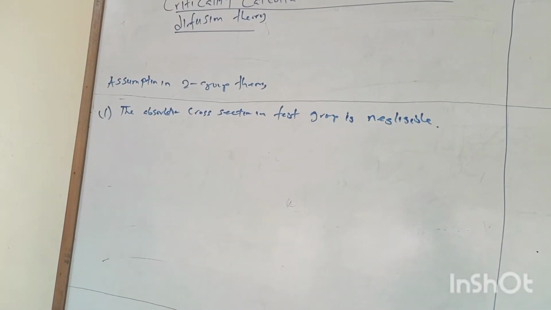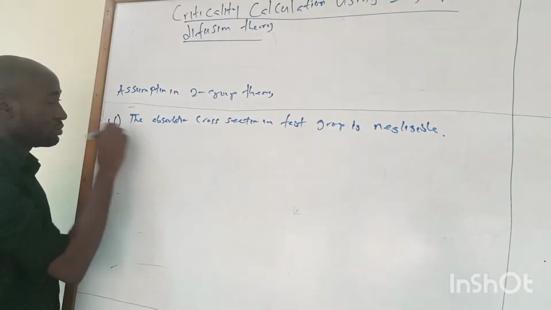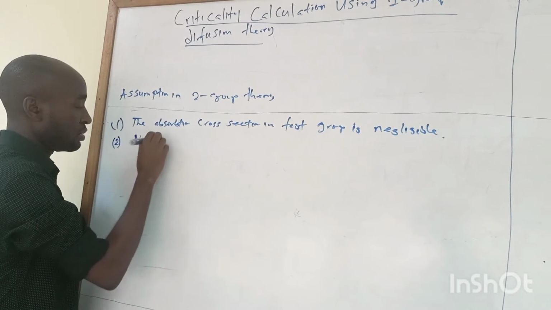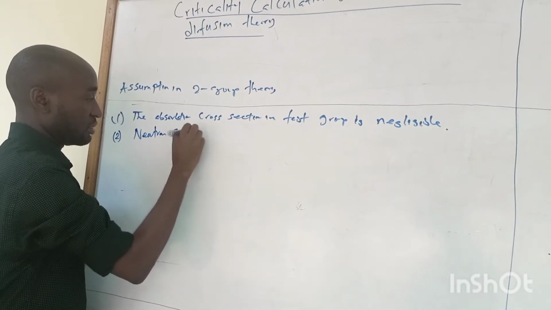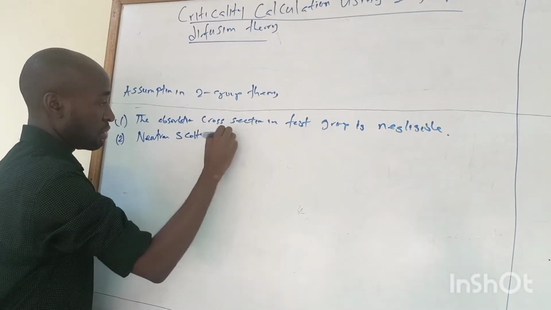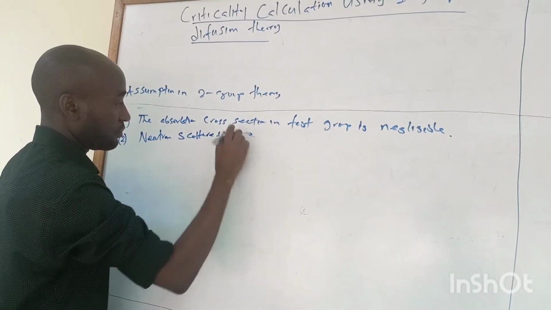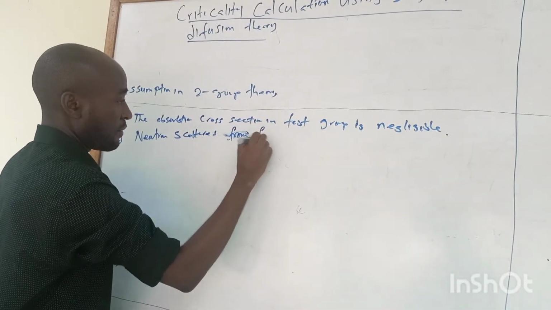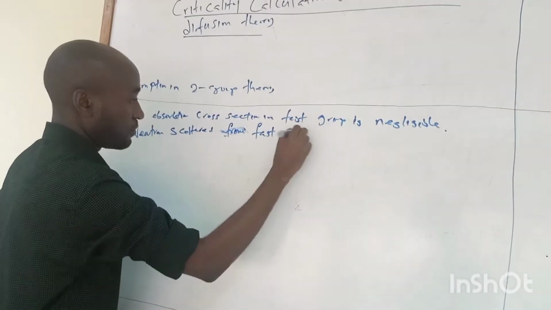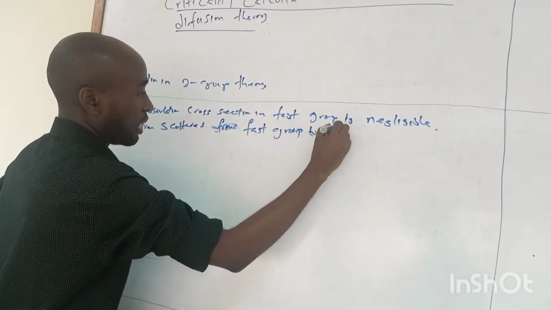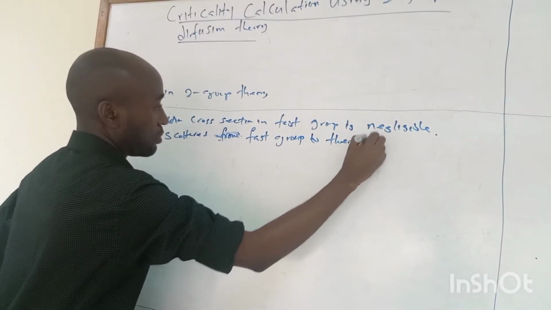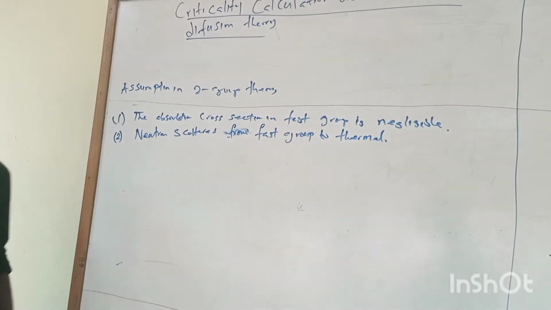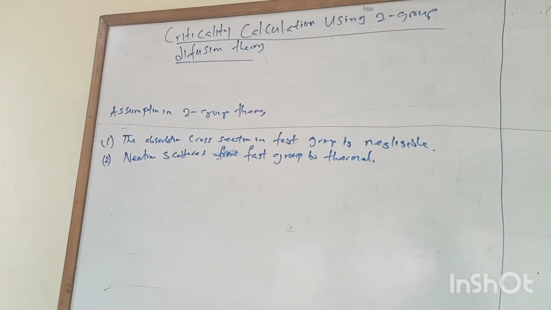That's the first assumption. Second, neutrons scattered from the fast group to the thermal group. That's the second assumption there.